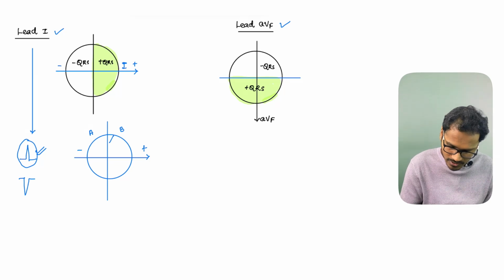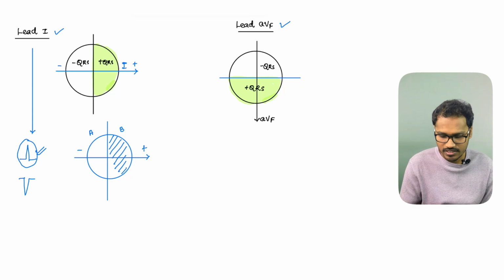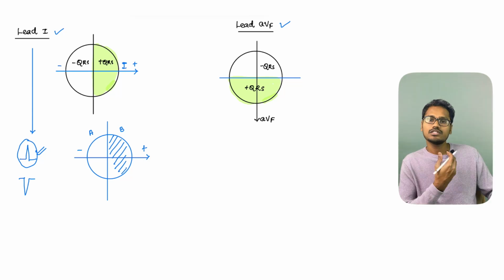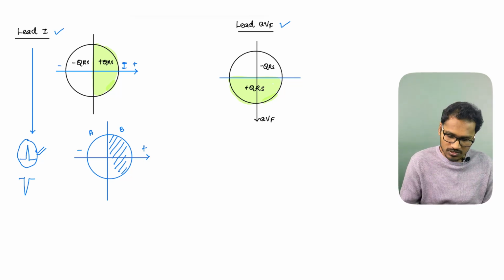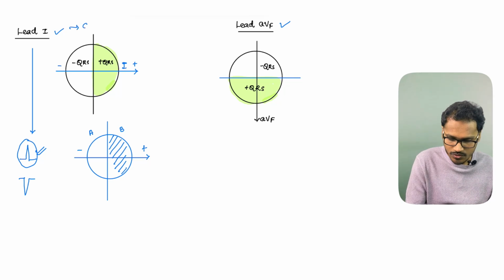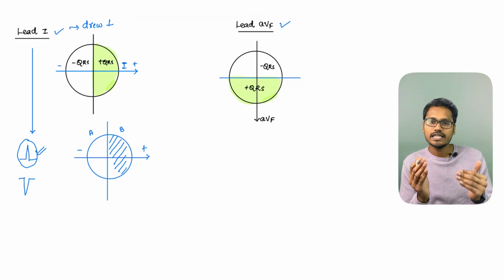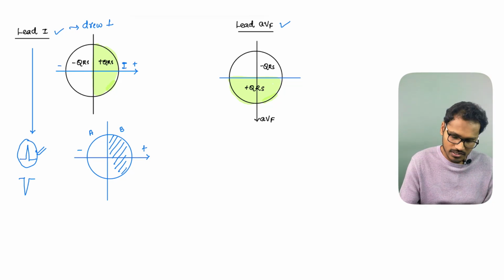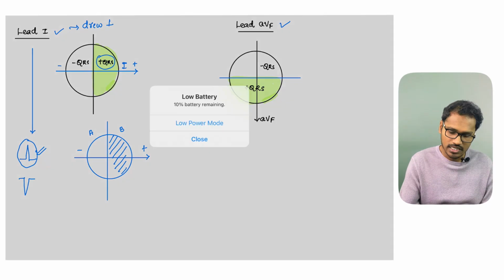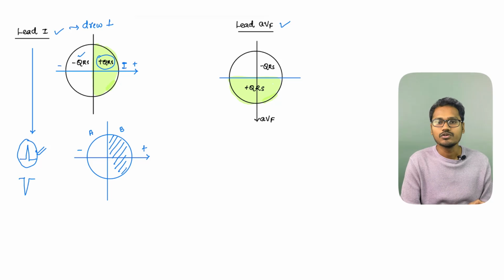So in the above diagram, if the lead is showing positive, this is the area where the QRS complex will lie, because it is going towards the positive terminal. So first what did we do? We took lead 1 and drew a perpendicular, and then analyzed which area is positive and which area is negative. In this condition, the shaded area will be positive QRS, and the other side will be a negative QRS.